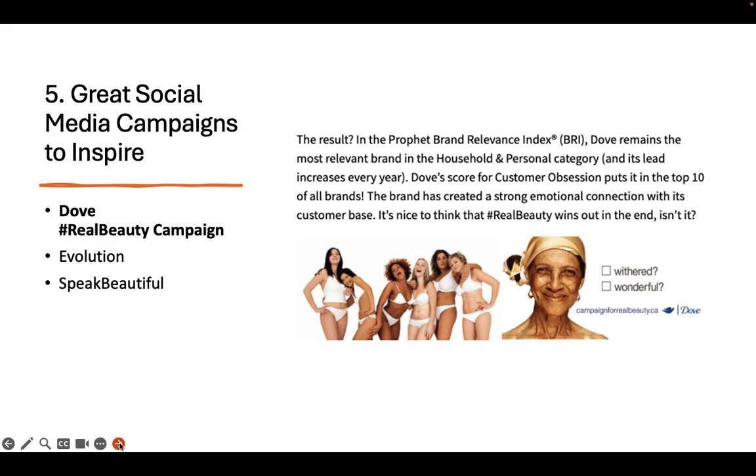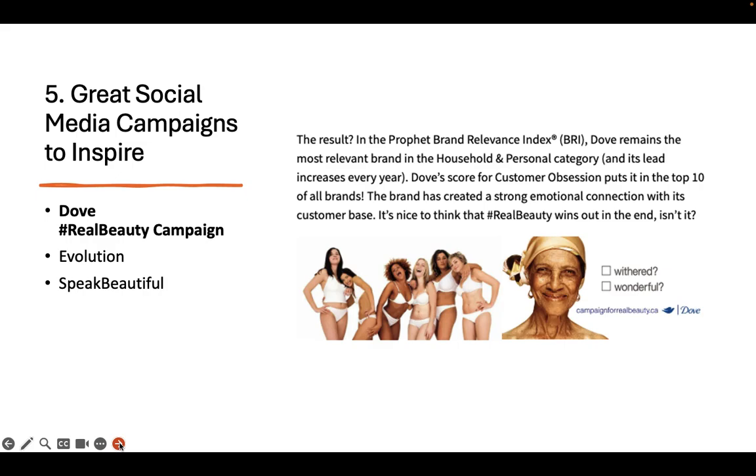So this very normal woman becomes some iconic billboard poster that is completely unrealistic and unreal, and this is how women are trying to compete with these unrealistic expectations. The video went viral, and Dove became embraced by women because of this real beauty. Natural beauty was the whole thing.